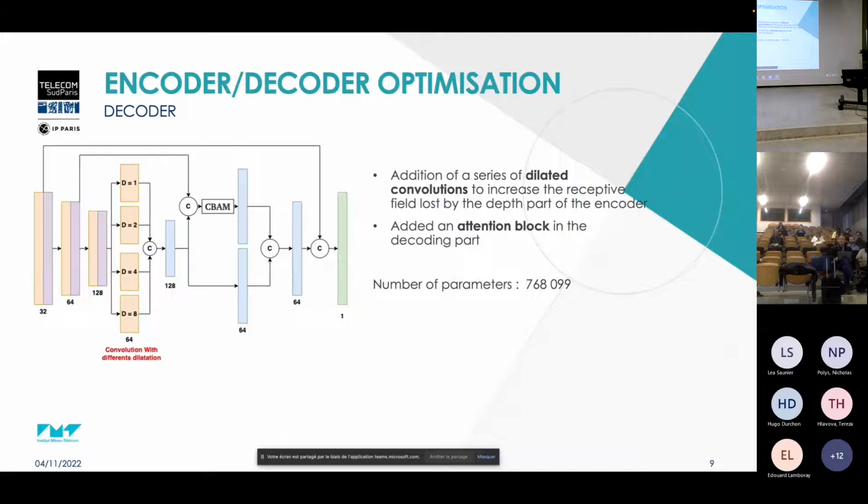For the decoding part, we add a series of dilated convolutions to increase the receptive field that we lost when we deleted some convolution layers. We also add an attention block in the decoding part with channel and spatial attention.